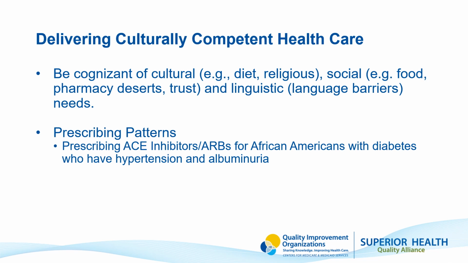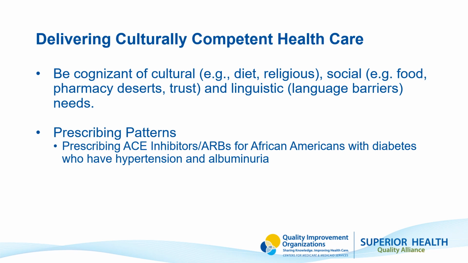Delivering culturally competent health care. Be cognizant of cultural issues such as diet and religion; social issues, such as food and pharmacy deserts and trust; and linguistic issues, language barriers. Prescribing patterns: prescribing ACE inhibitors and ARBs for African Americans with diabetes who have hypertension and albuminuria.